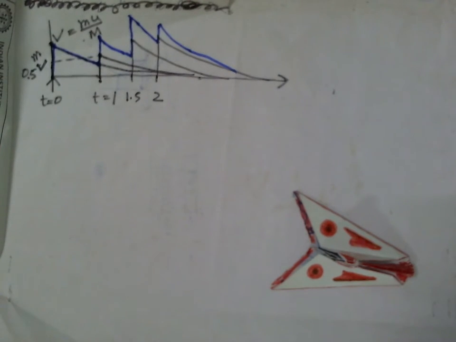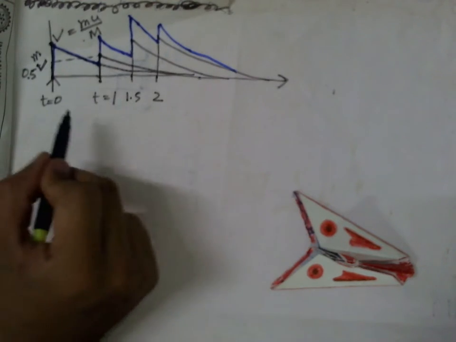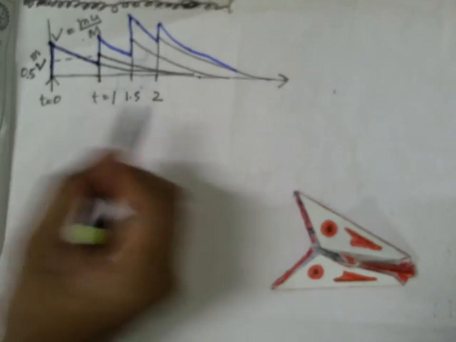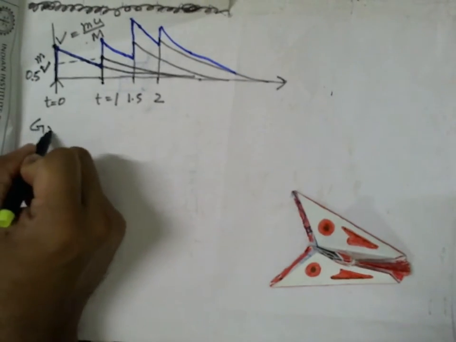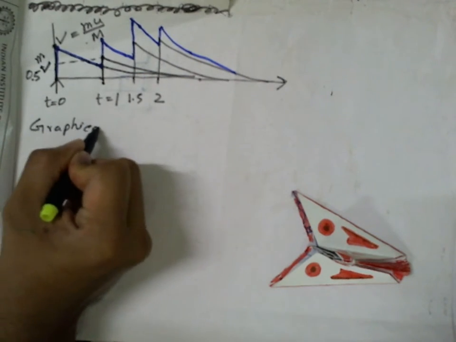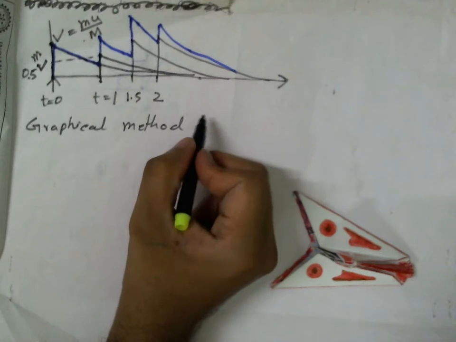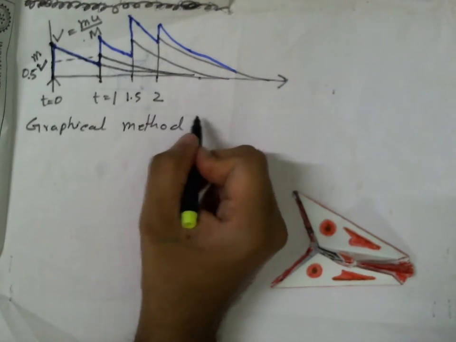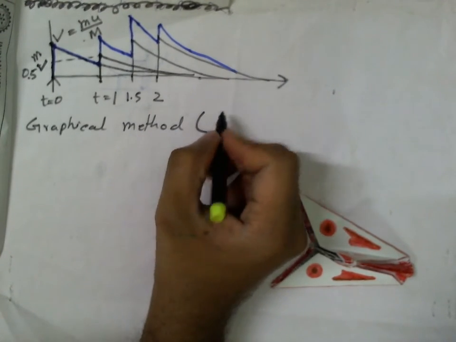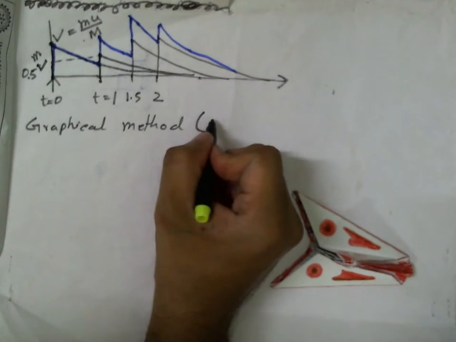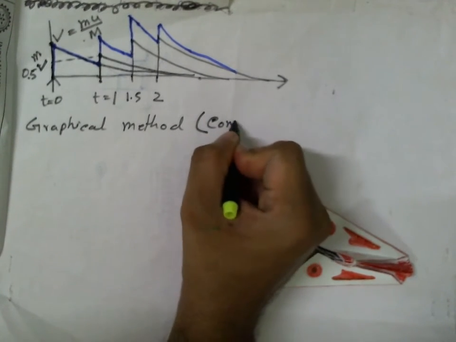Once again we can follow this graphical technique, this graphical method, which I will give a name soon, or let me give the name now, it is called a convolution.